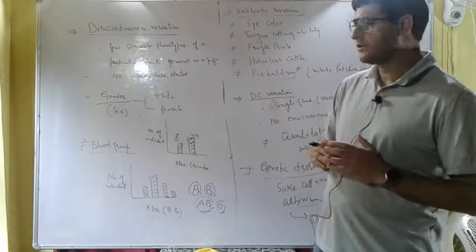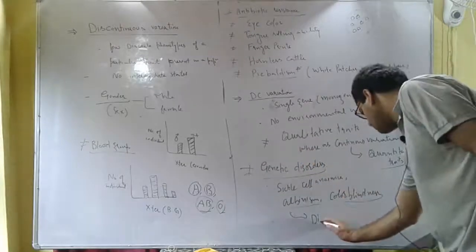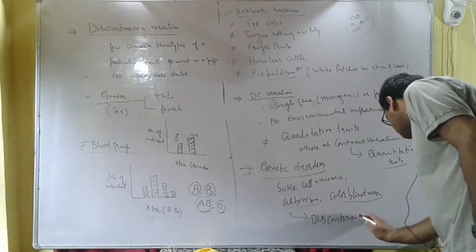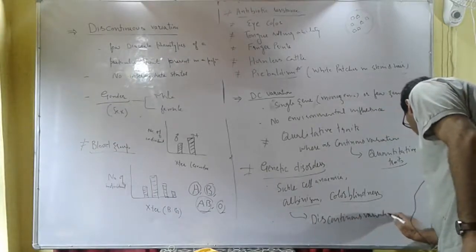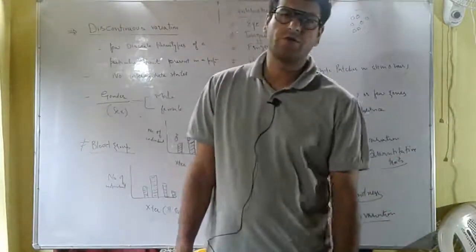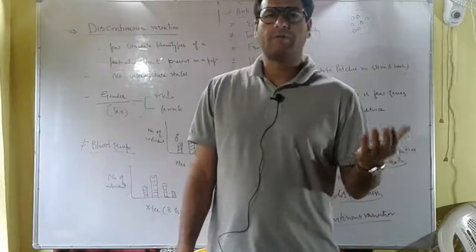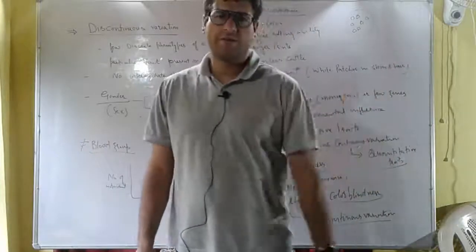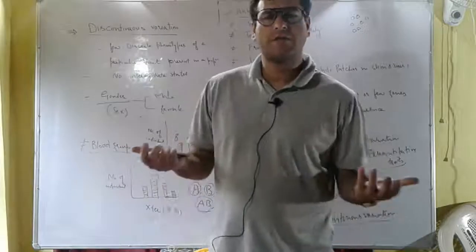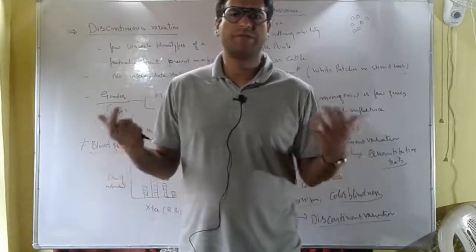These also come under discontinuous variation. For example, we have a population of 100 individuals. In that population, one individual is having albinism. That means in other individuals the albinism is absent.